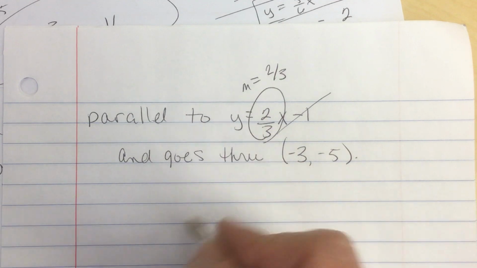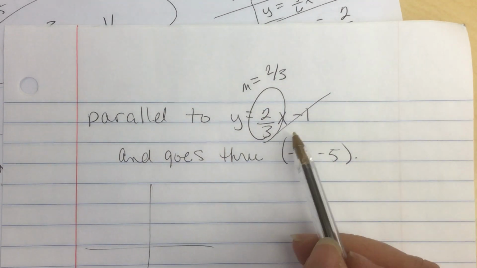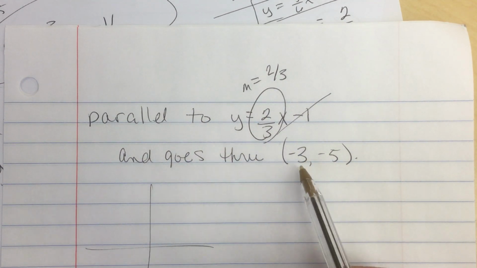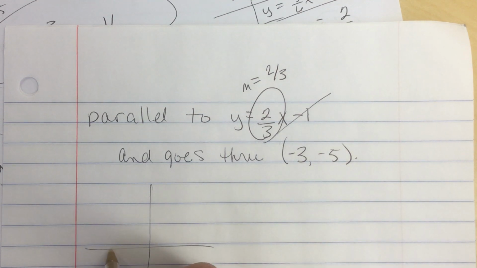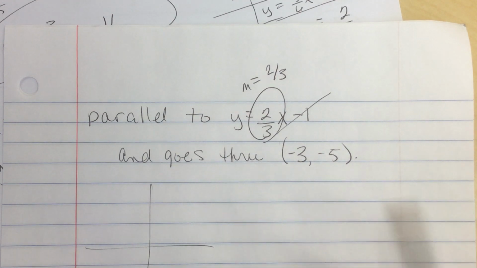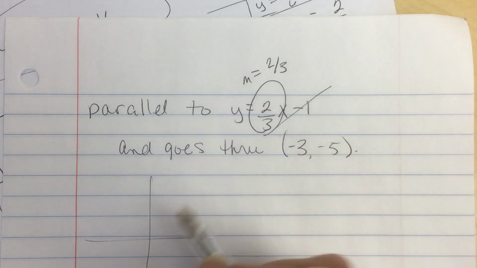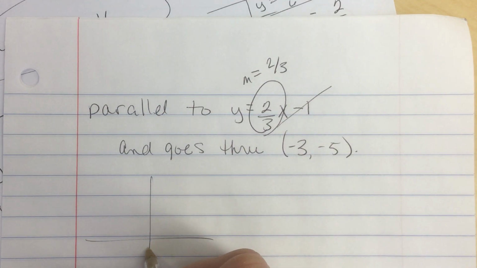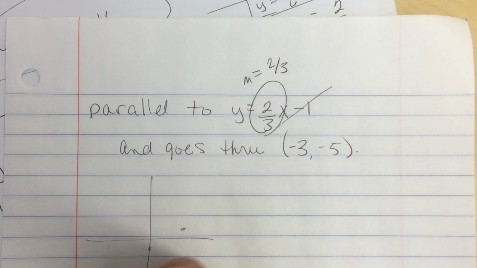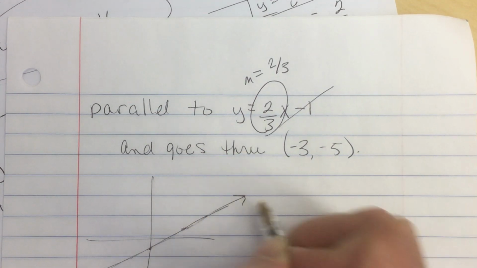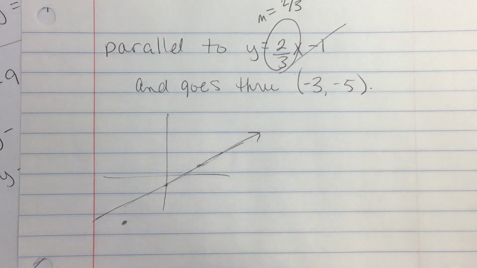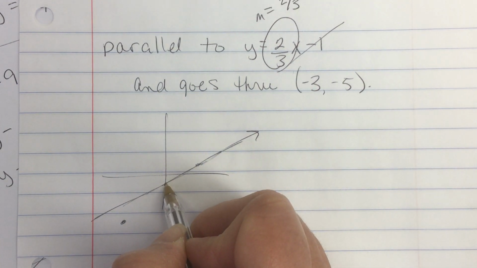Because what we're trying to do here is write the equation of the line that goes through -3, -5 and is parallel to this line. This line has a y-intercept of -1, and then it has a slope of 2/3. So it is something like this. Now this might not be accurate since I'm not using graph paper, but it goes through -1 and has a slope of 2/3.